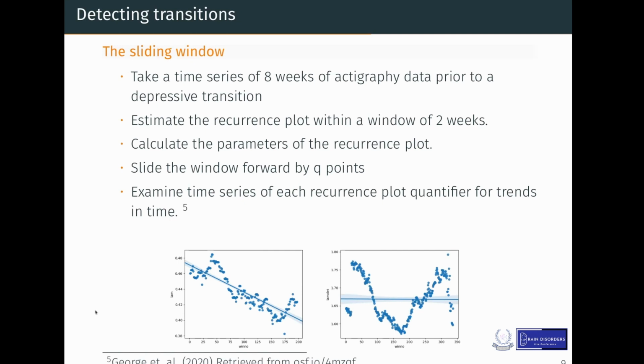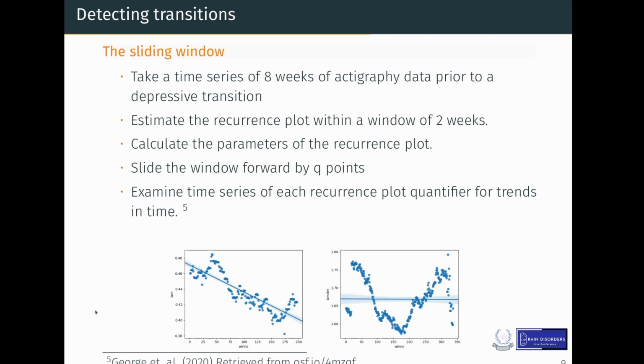what the recurrence plot is, and then you calculate the parameters of the recurrence plot. And you keep doing this. Now, what do you have at the end of it? You have a time series of parameters, because you're sliding your window forward, and you examine the time trends for each recurrence plot quantifier. So, for instance, on the left, you can see someone who experienced a very significant trend over time.